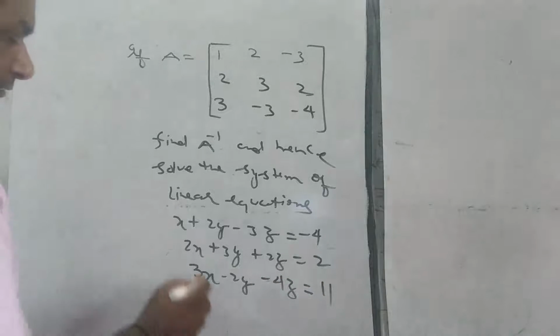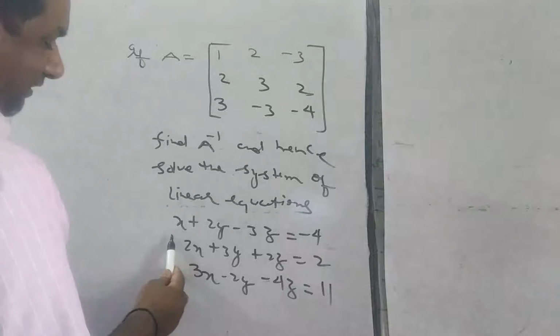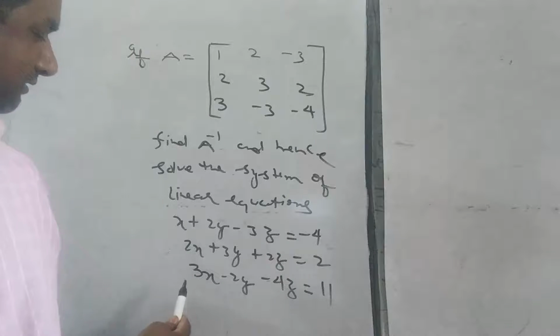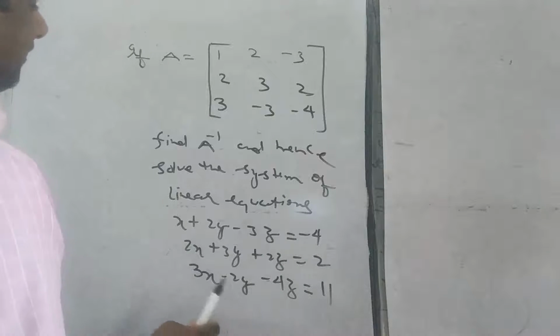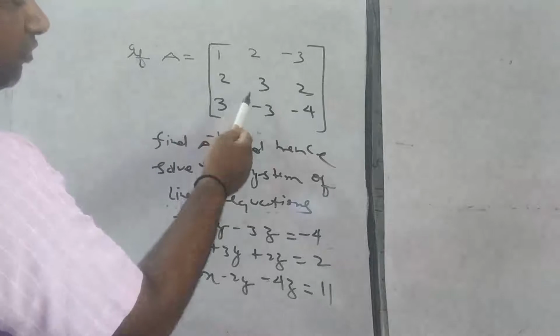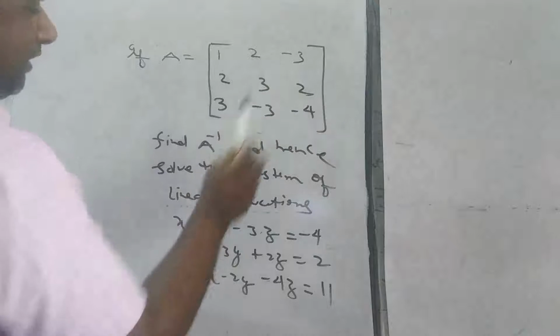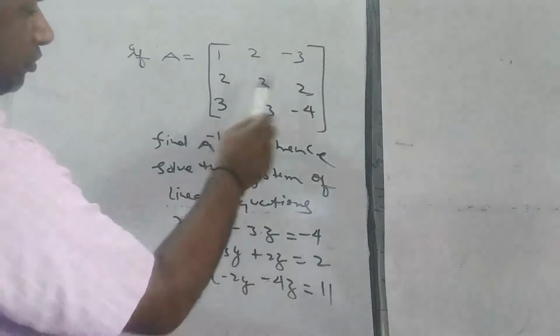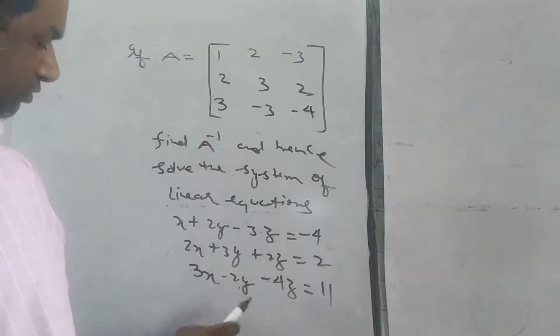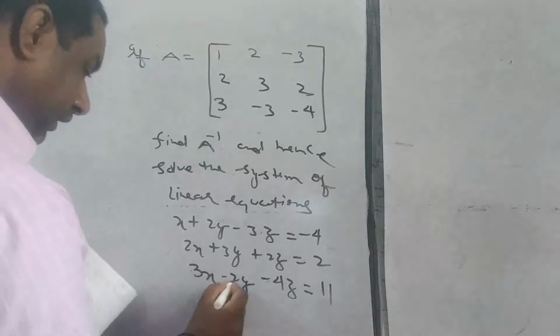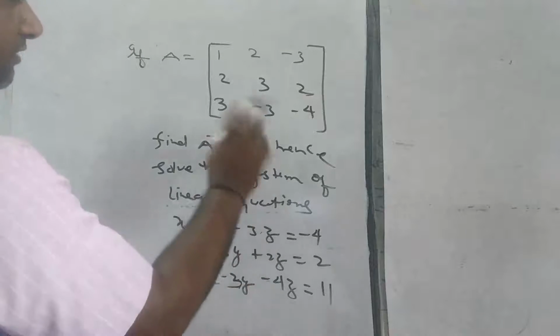So what you observed here is that the coefficient matrix capital A is itself given in the question as prior information.